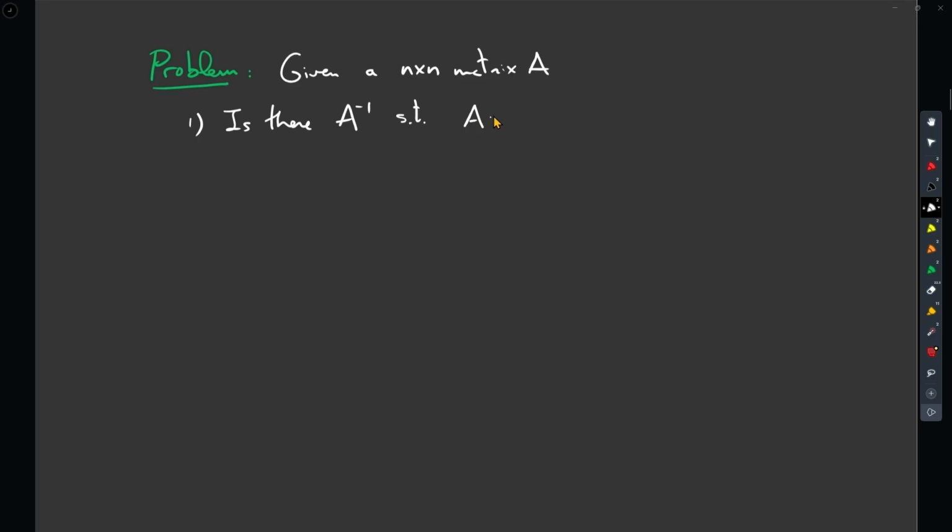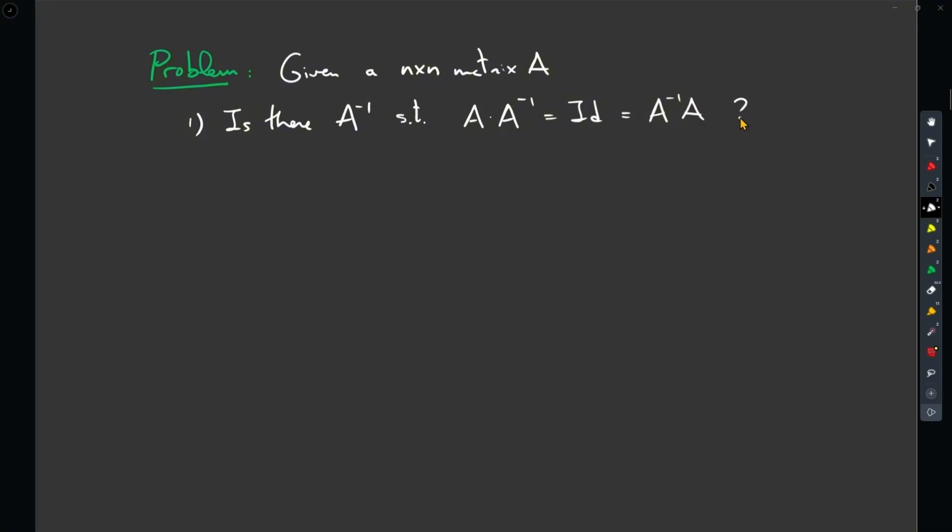More generally, given an n by n matrix A, I want to know if there is an inverse matrix such that A times A inverse is the identity and A inverse times A is also the identity.